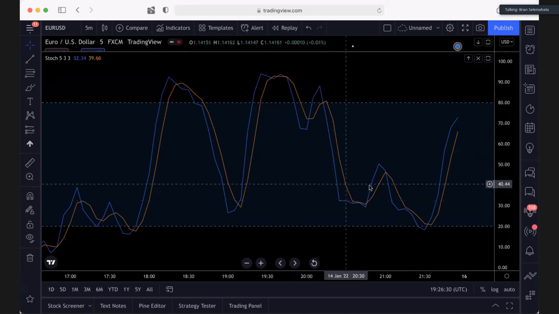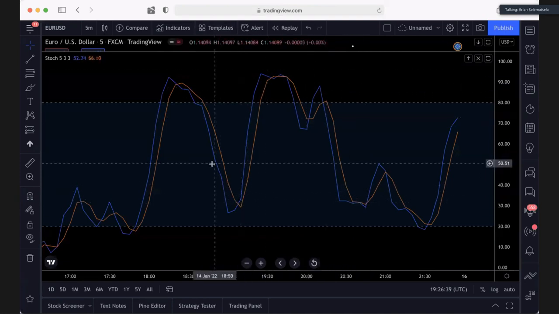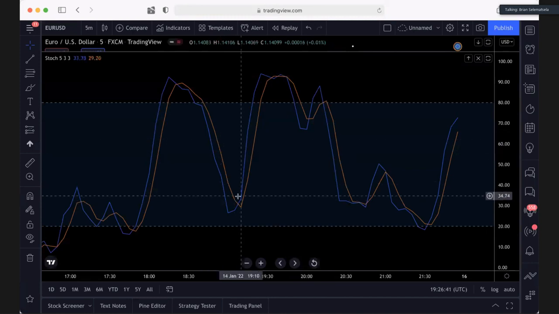Okay, give me a second. I want to mute extra audios. So the purple line, and after that there's an orange line. So the crossing over between them here.